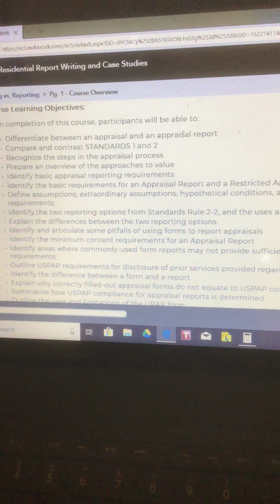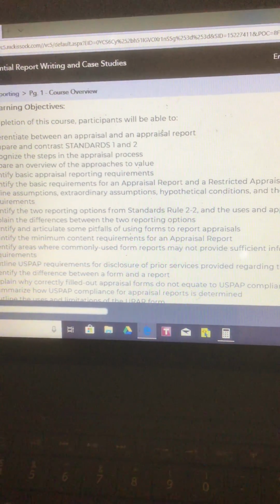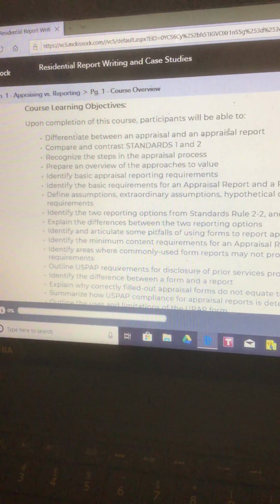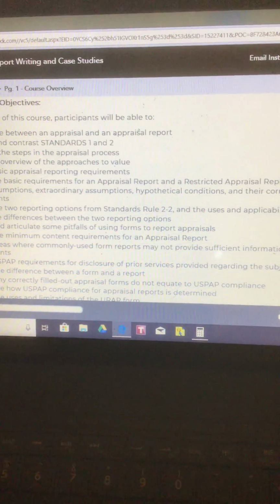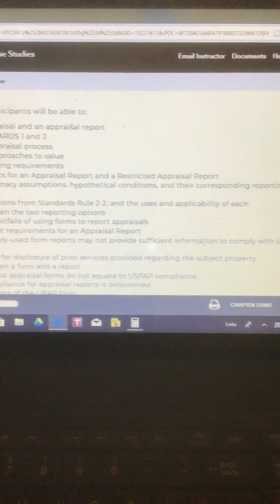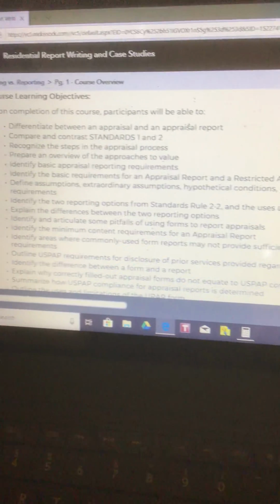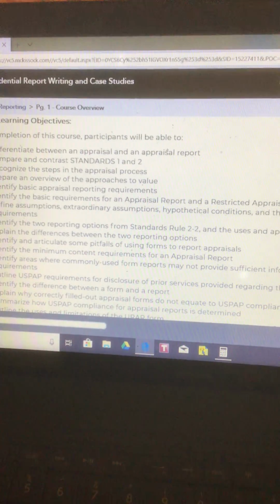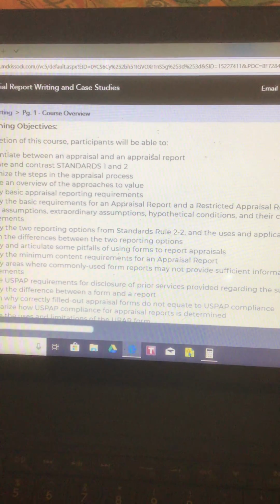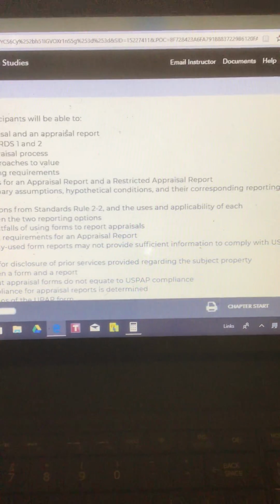Identify the minimum content requirements for an appraisal report. Identify areas where commonly used form reports may not provide sufficient information to comply with USPAP requirements. Outline USPAP requirements for disclosure of prior services provided regarding the subject property.